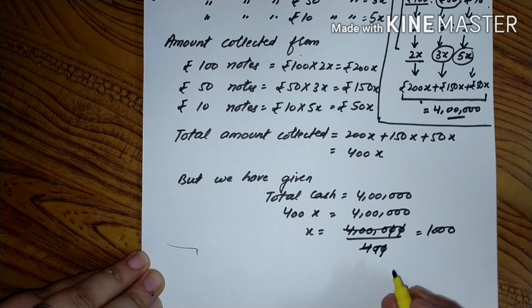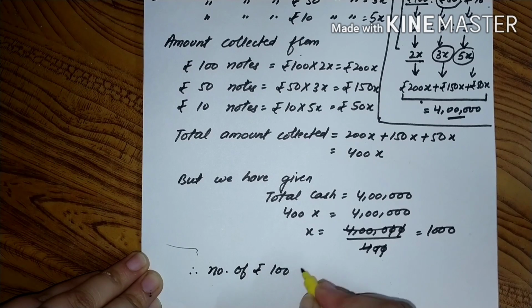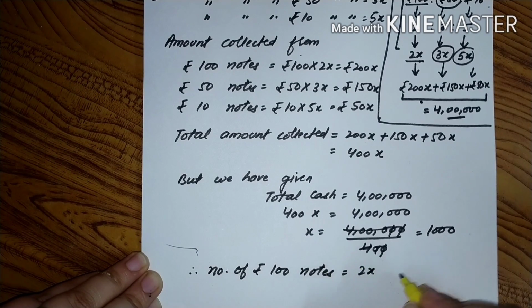Now we can find the number of notes of each kind. Therefore the number of rupee 100 notes would be 2x, so 2 into 1000, that is 2000.